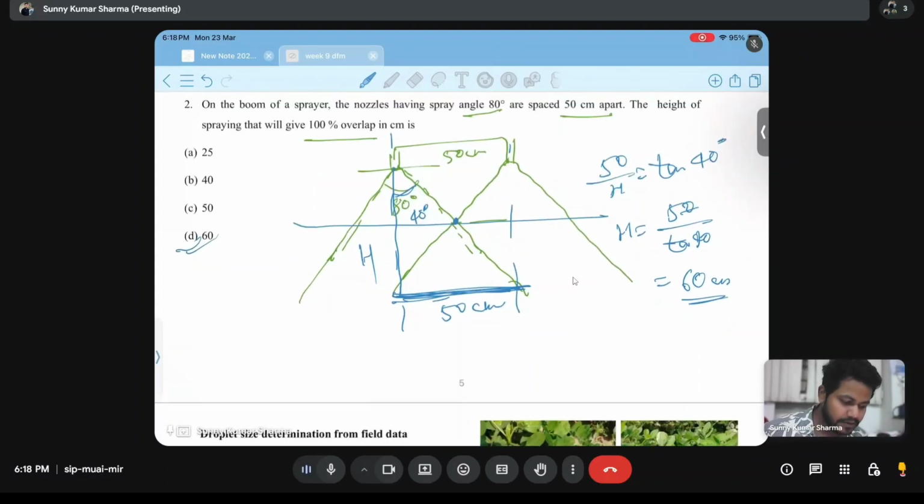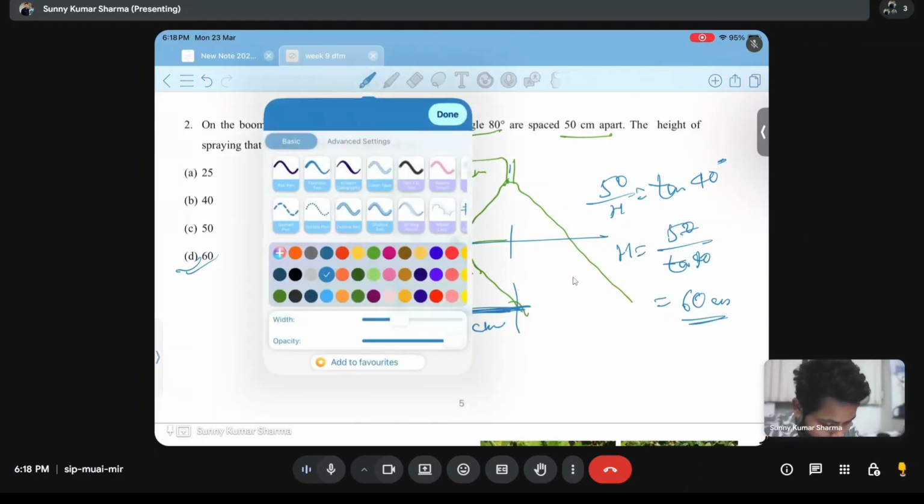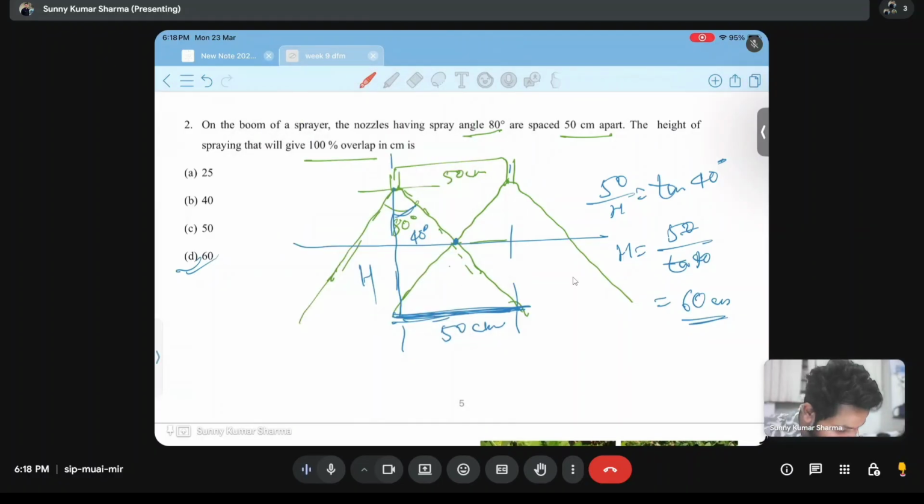This was there this year. And in case of 50% overlap, how will we do the same? The 25 centimeter we will take. In case of 50% overlap, this 50 centimeter at this spacing will become 25 centimeter, means 50% of this 50 centimeter.